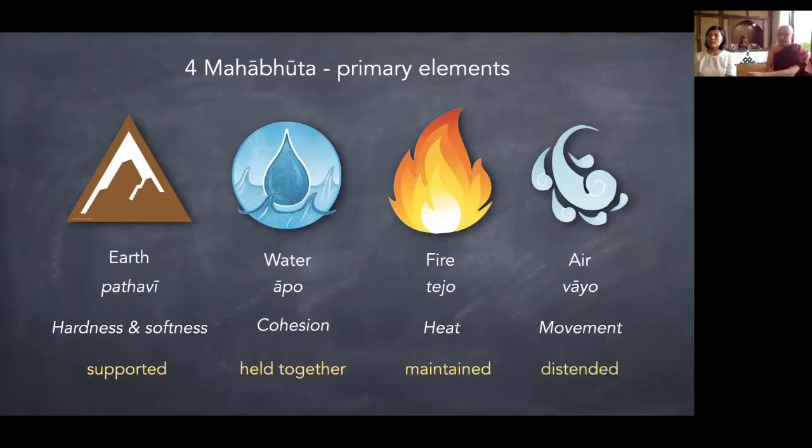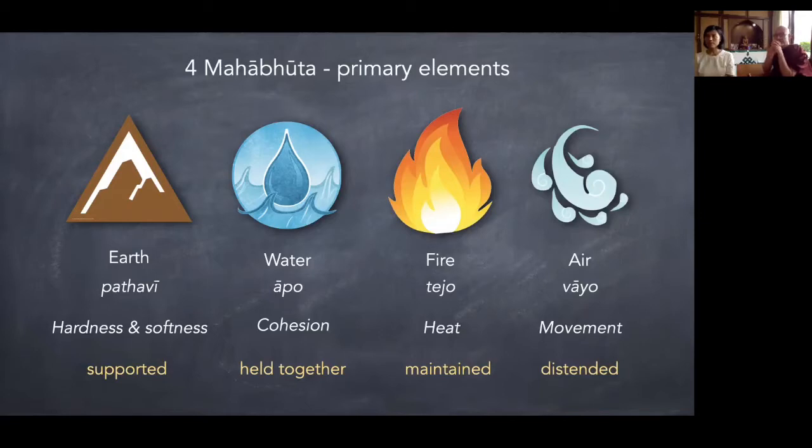So these, earth, water, fire, air, Pathavi, Apo, Tejo, and Vayo, as Bante just said already, are not earth, water, fire, air itself, but the qualities of earth, water, fire, and air. Hardness and softness in the earth element, like what we call matter generally; the cohesion of it, or the bonds, the thing that makes the matter bond; and then the heat that maintains it to stay longer or to decompose with the passing of time; and the movement that happens in it.